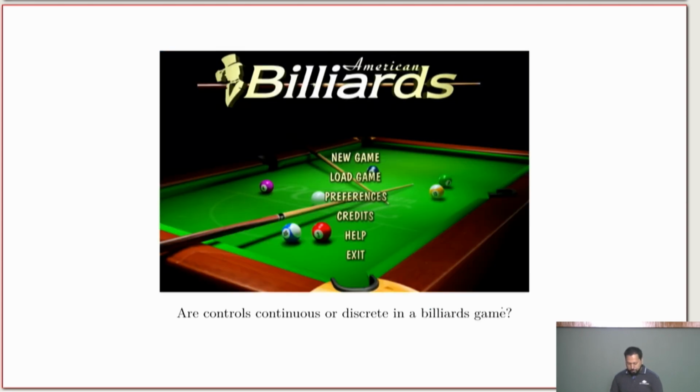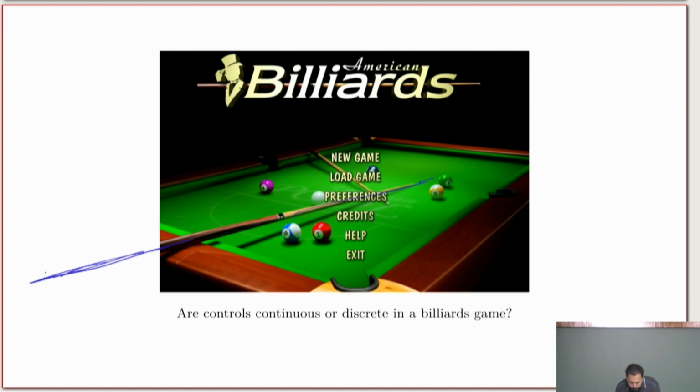Same thing we can say for the billiards game. Here also we will treat this as continuous control, because if you play a computer game for billiards, then you will move this, and the amount of force that you will apply will depend on how much you move this back.